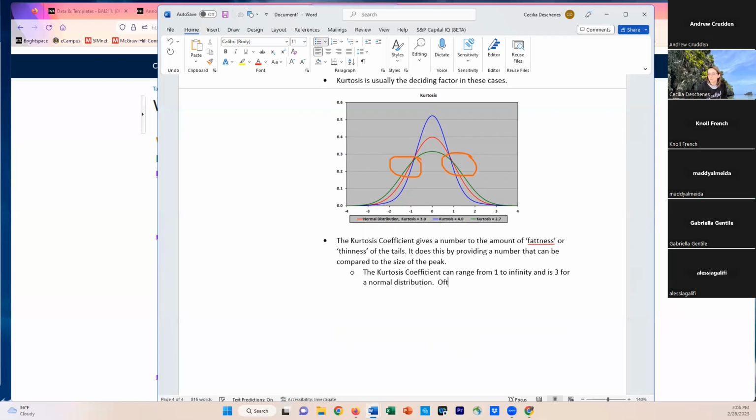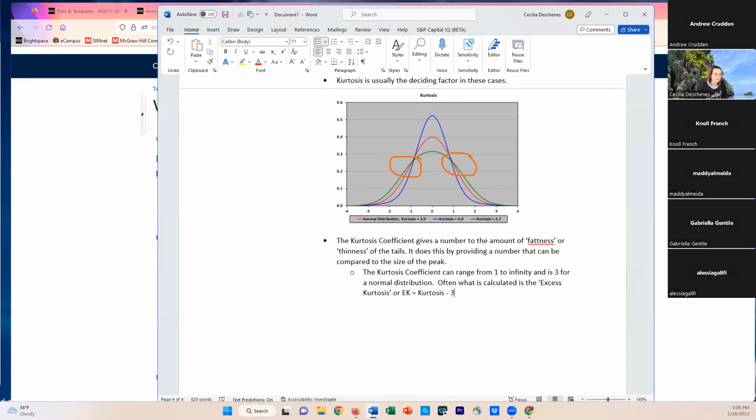Because of this, there's a little bit of confusion. Technically, everything I told you so far is correct, but often what is calculated is the excess kurtosis, or EK, and that's the kurtosis minus 3.